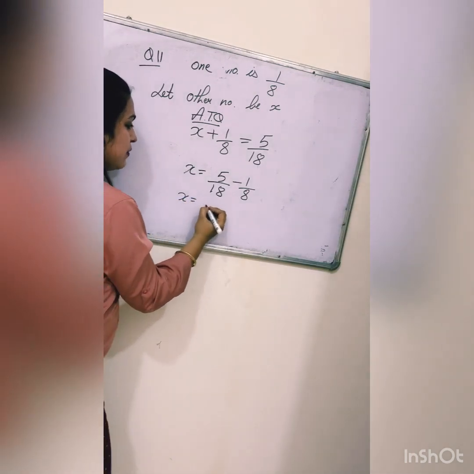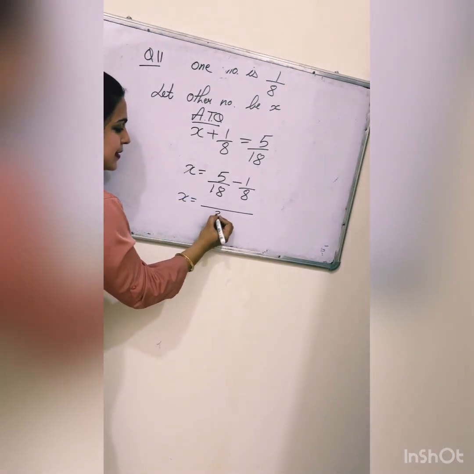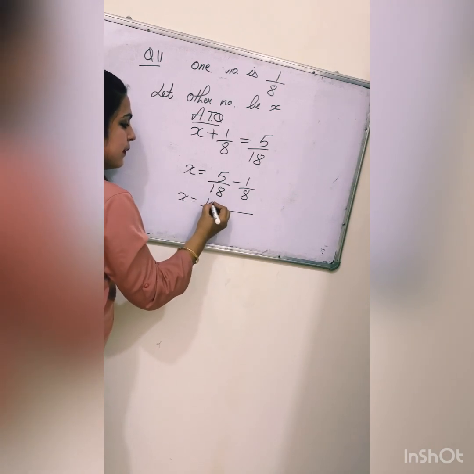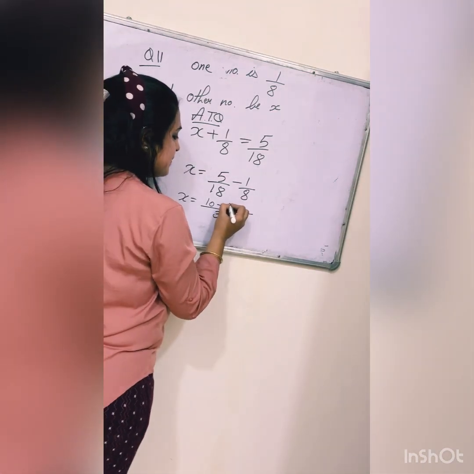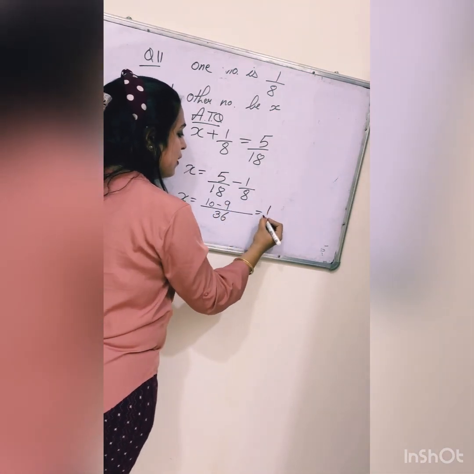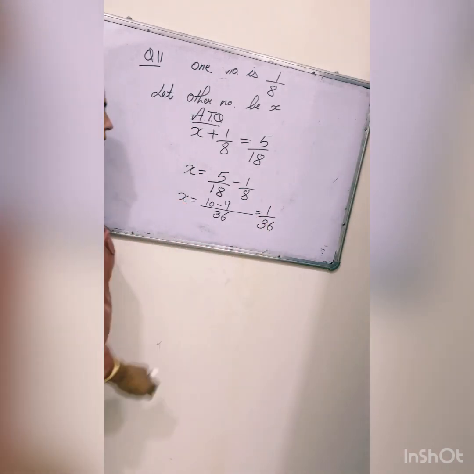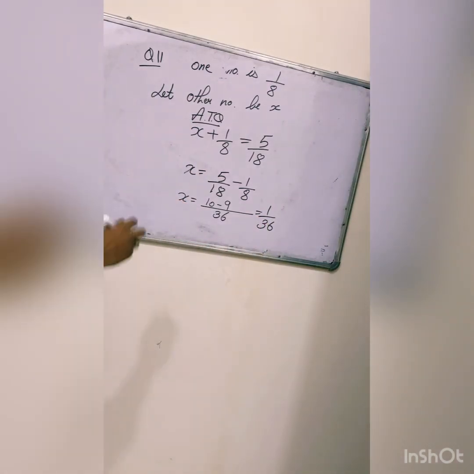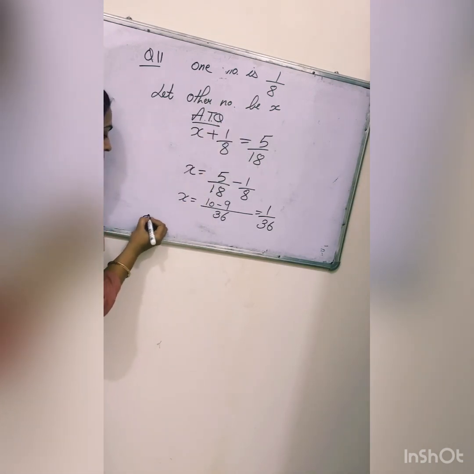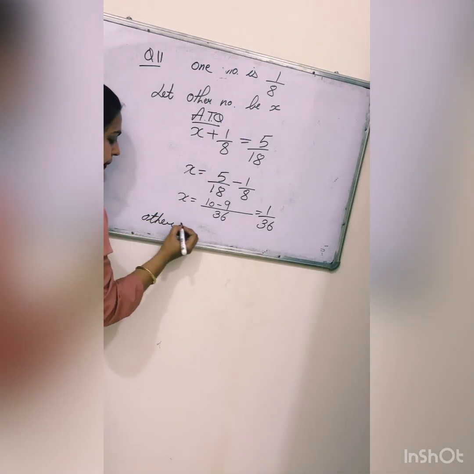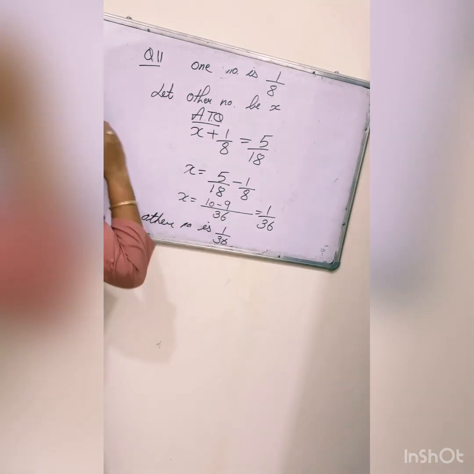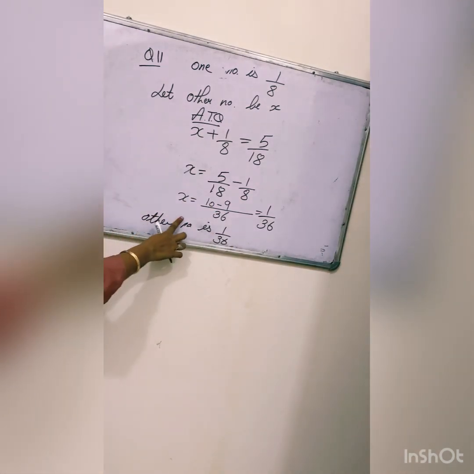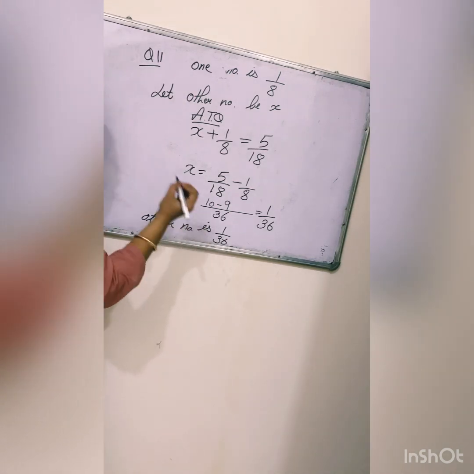So x is equal to, we'll take the LCM, that is 36. 18, 8 2s are 36. This will be 1 by 36. So the other number is 1 by 36.